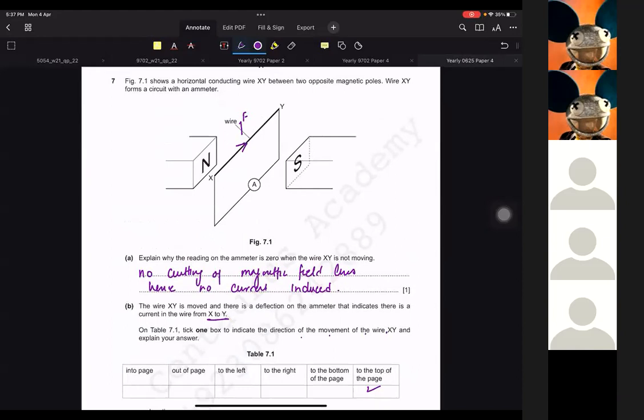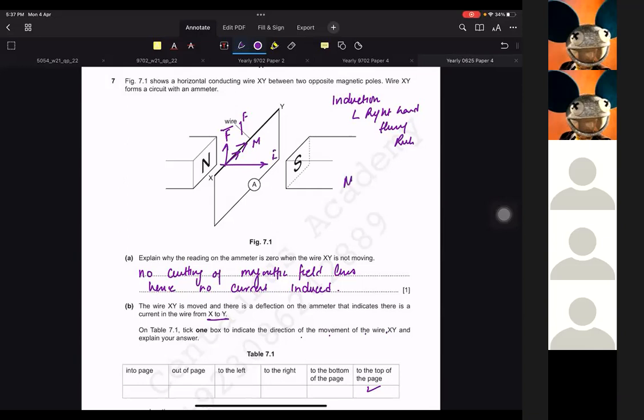The thumb is the force. So now please remember, in induction, any induction thing like a generator or whatever, you use the right hand Fleming rule. Everything is the same. Your index finger should be pointing like this, your middle finger should go like this, and the thumb will then be at the top. So please do remember this.